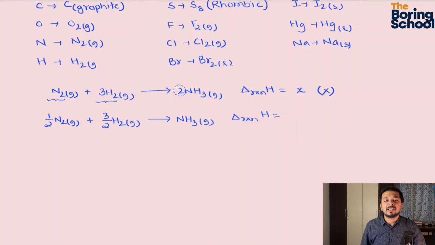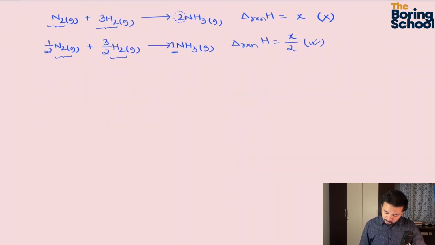As we have divided the reaction by 2, delta H will also be the above delta H divided by 2. This X by 2 is our heat of formation of ammonia. Why do we say so? Because 1 mole of ammonia is getting formed from its constituent elements present in their standard state. Let's take one more example.